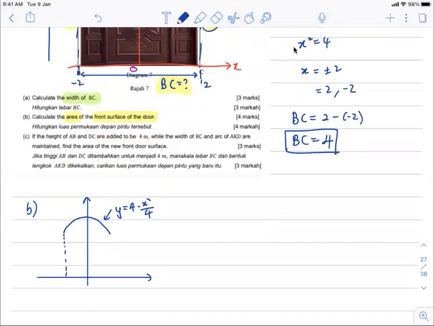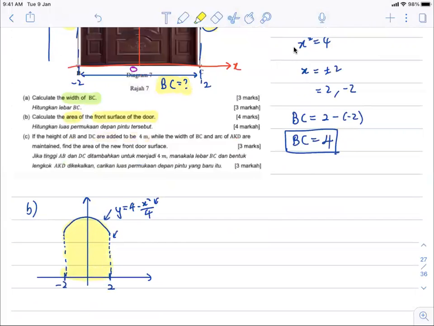And then it's a straight line, because the straight line part does not follow this equation. This is just simply a straight line. And we know that this part is negative 2 and this part is positive 2, as we have found previously. We want to find the area. This is the area we want to find.